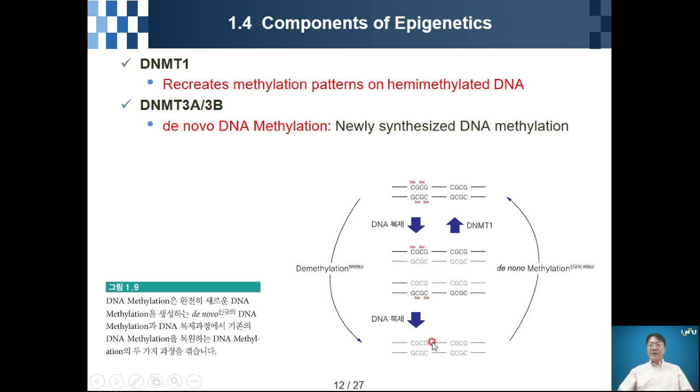So it can induce methylation on both strands like this. We call this de novo methylation. It is caused by DNMT3A and or DNMT3B. This is the main difference between DNMT1 and DNMT3A and 3B. We will cover detailed information in chapter 5.